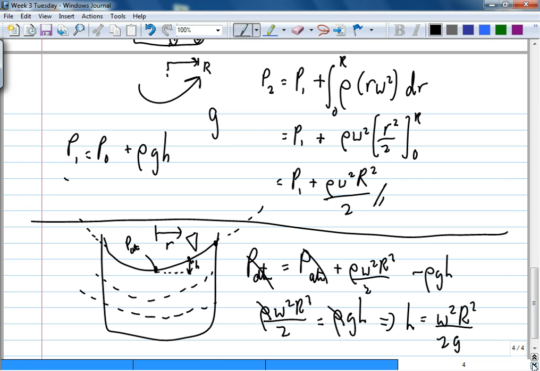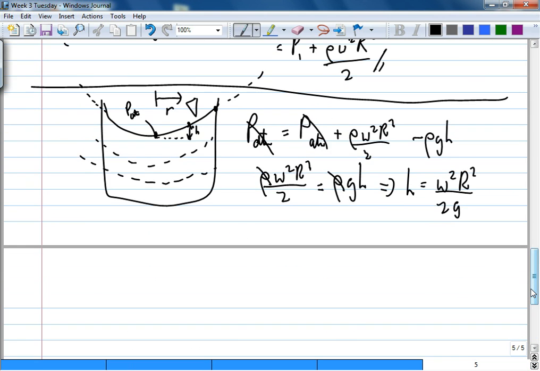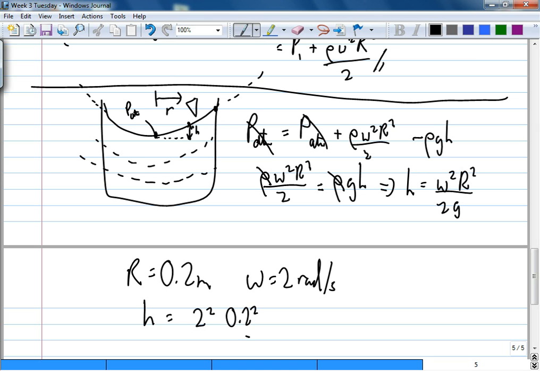So, example, let's say my container has a radius of 0.2 meters. Not so big, but this size container. I'm rotating at 2 radians per second. So if I put in H is equal to omega squared, 2 squared, r squared, 0.2 squared, over 2 times 9.81, equals how many meters?